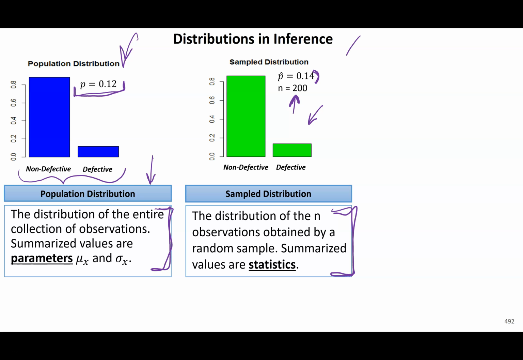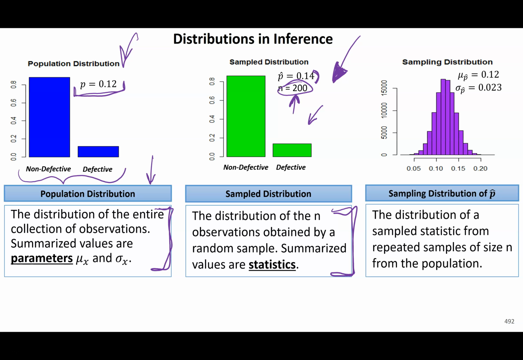So then, if we were to take this sample distribution, and let's not just take one sample, let's take many samples. So repeatedly sample. I'm going to take all the unique samples of 200 I possibly can and calculate the sample proportion for each one of those samples. It would go into a sampling distribution of p hat.